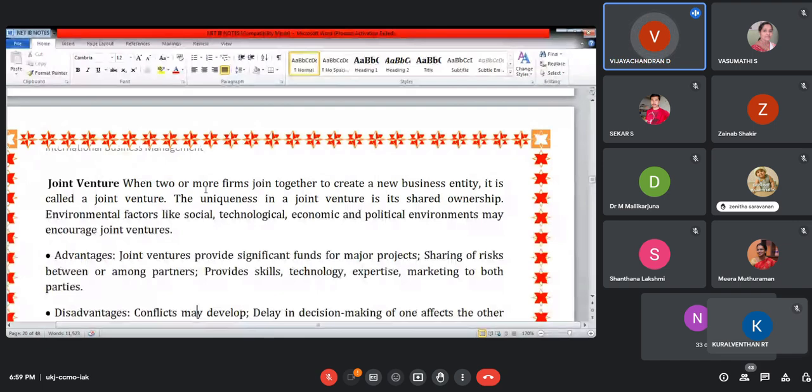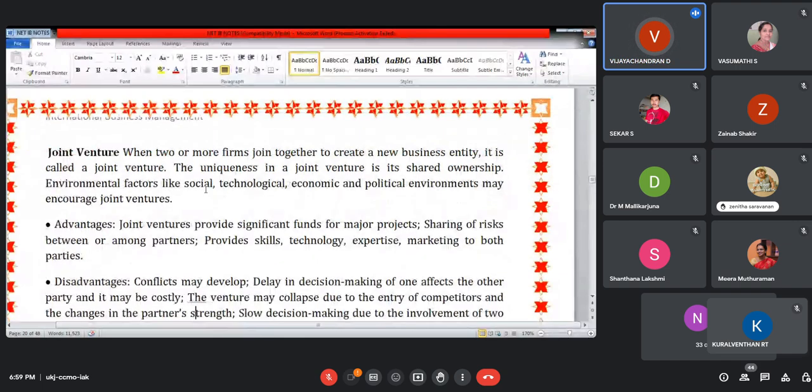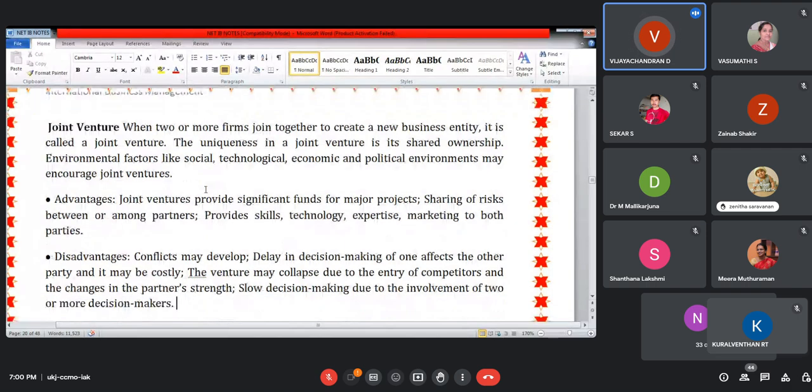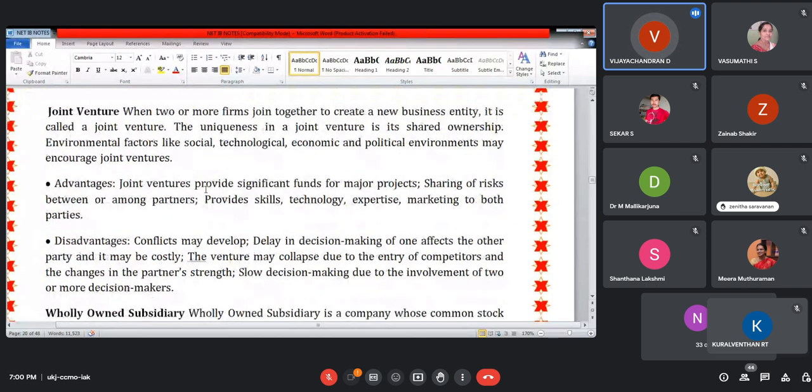They will do the business combinedly. The advantages I told: they will share the risk, the skills, the technology, and the expertise. What is the disadvantage? There will be conflict, so decision making will be delayed. That problem will be there. Two heads are there, two managements are there.